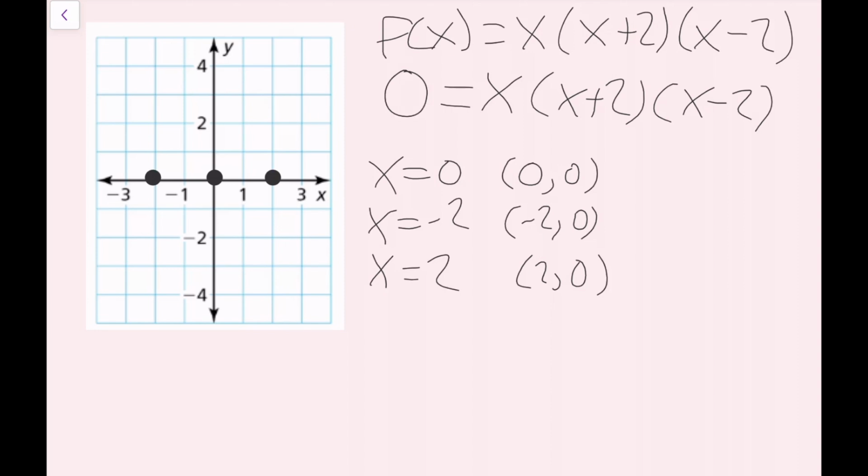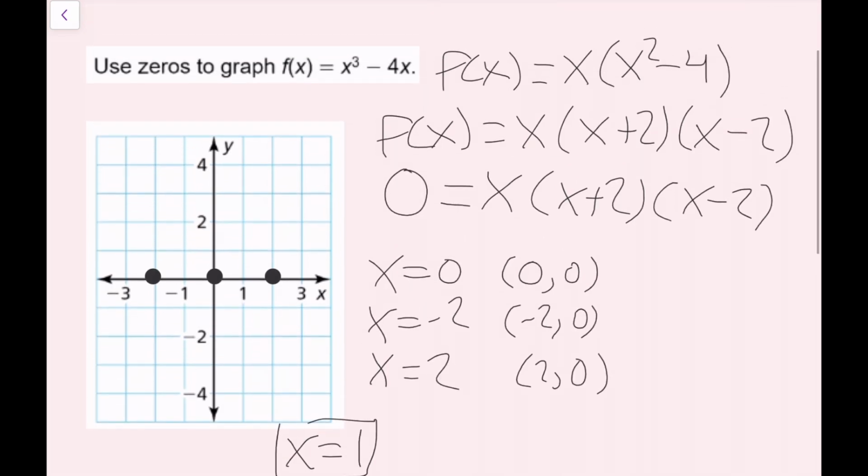for x. So if I have x equals 1 right here, because that's in between these two, 0 and 2, and I plug it in here for this function, x times x plus 2 times x minus 1. Actually, it's probably going to be easier to plug it into f of x equals x cubed minus 4x.